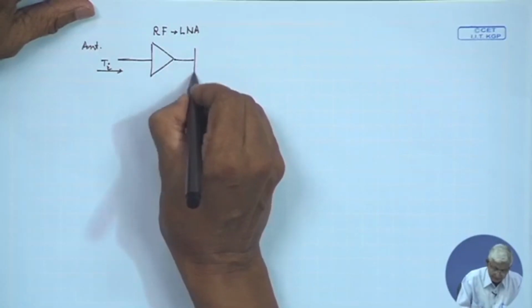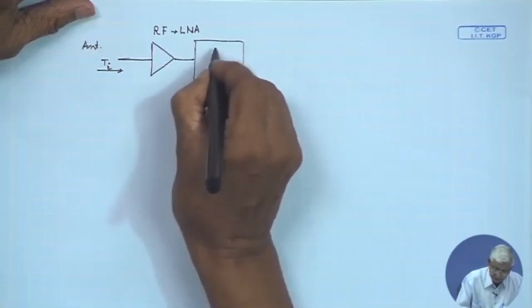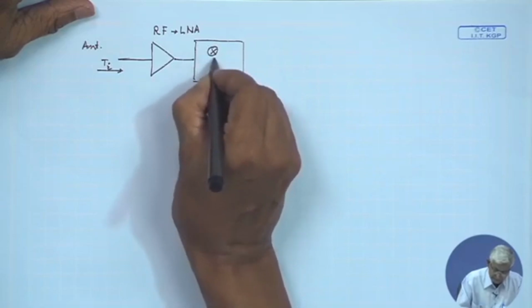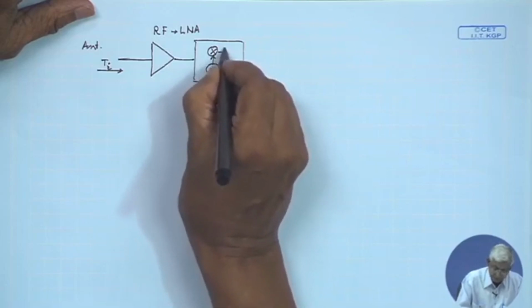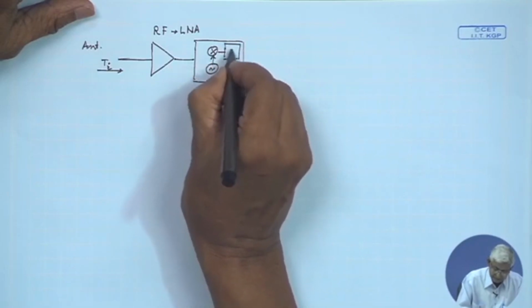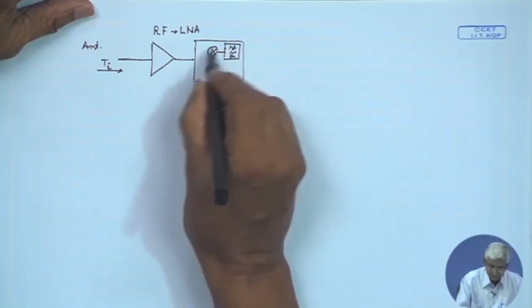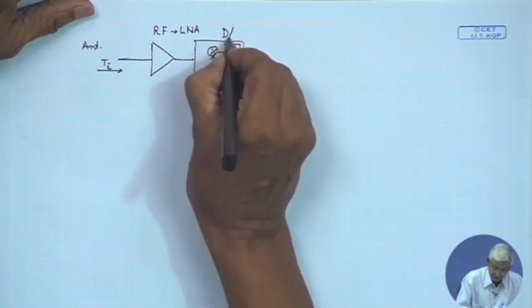Then after that there is a stage which is the mixer, then LO, then filter. Try to recollect our space segment diagram. So, this is called the down converter.